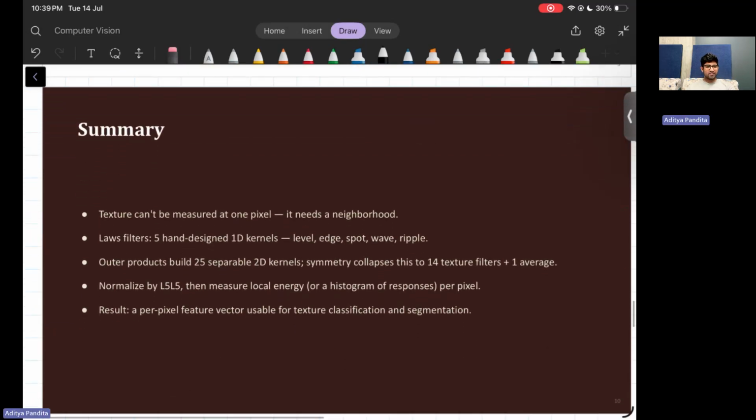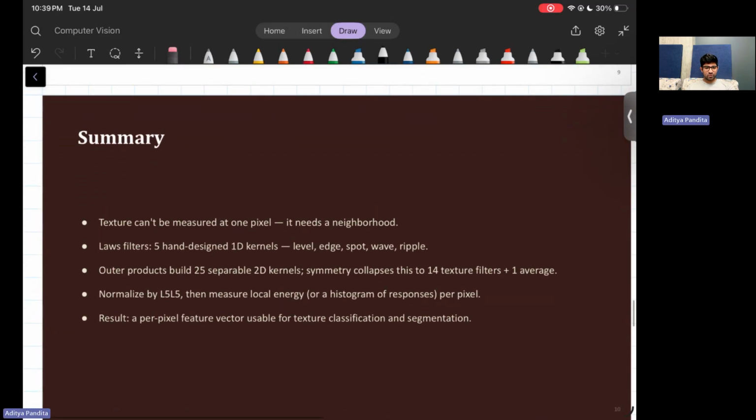Finally, we can conclude that texture requires a neighborhood, not a single pixel. Laws filters are five hand-designed 1D kernels: level, edge, spot, wave, and ripple. The outer product of these five kernels leads to 25 separate 2D kernels, out of which there are 14 plus one distinct kernels.